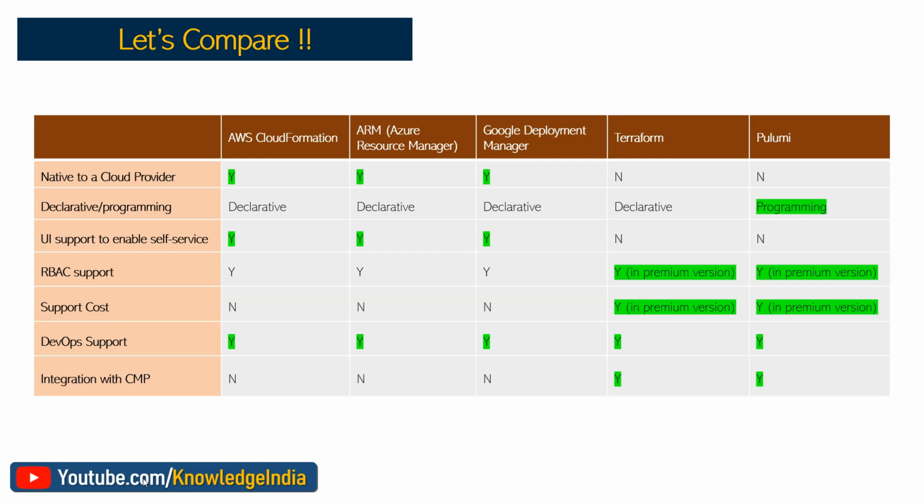So all of these first three do give you some sort of inbuilt UI support as well, through which you can expose and enable self-service within your organization, even to those people who are not very savvy with cloud, right?